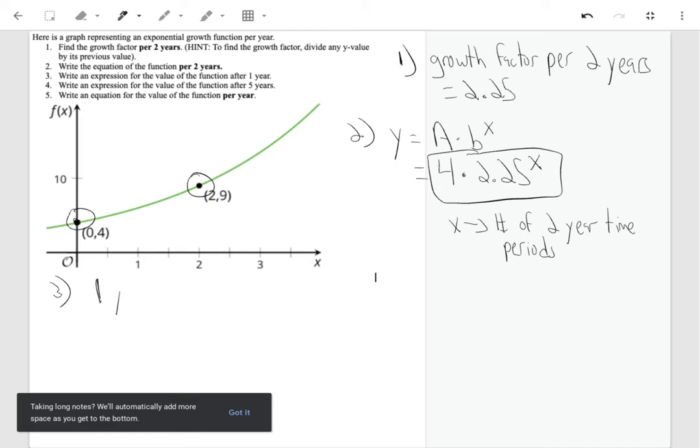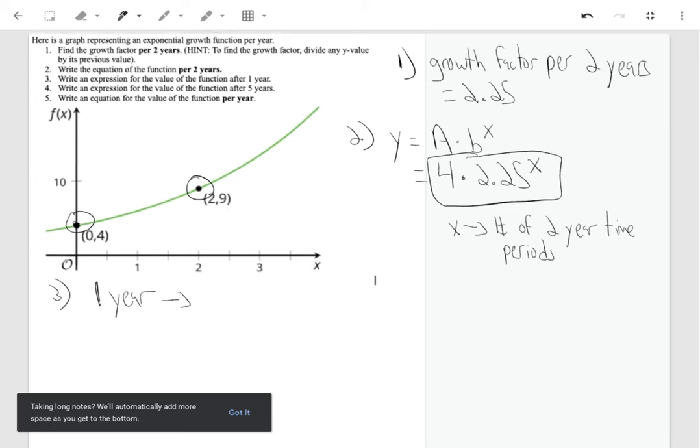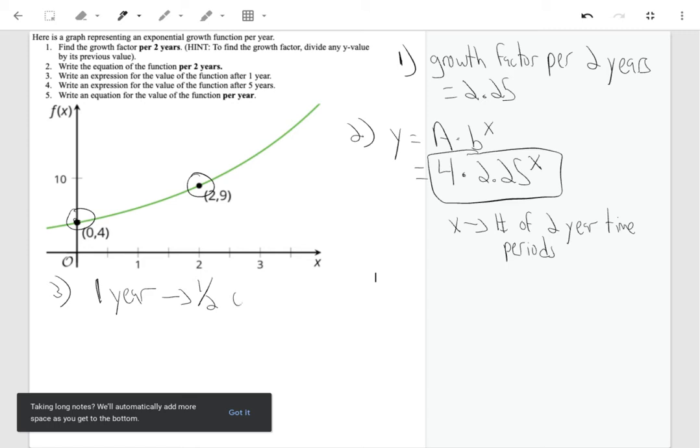So we want 1 year. What that means is 1 year is 1/2 of a 2-year time period, which means I'm going to plug in x equals 1/2 into the equation. 1 divided by 2 is 1/2.